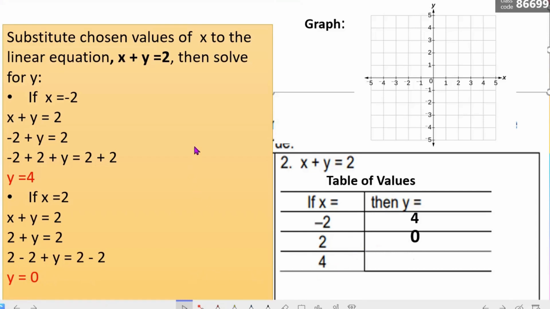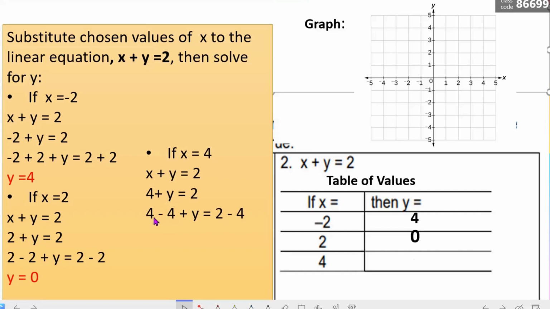Okay, we go to the third value of x. If x is +4, let's substitute that over this value of x. So x is 4, 4 plus y equals 2. Eliminate 4 so that you can solve for y. What do we do to eliminate 4? We add -4, or add negative is simply subtraction.